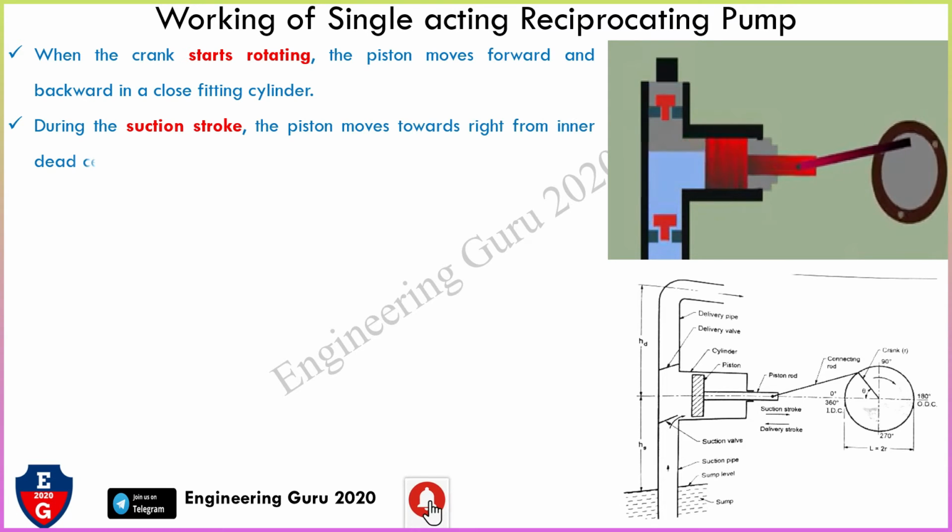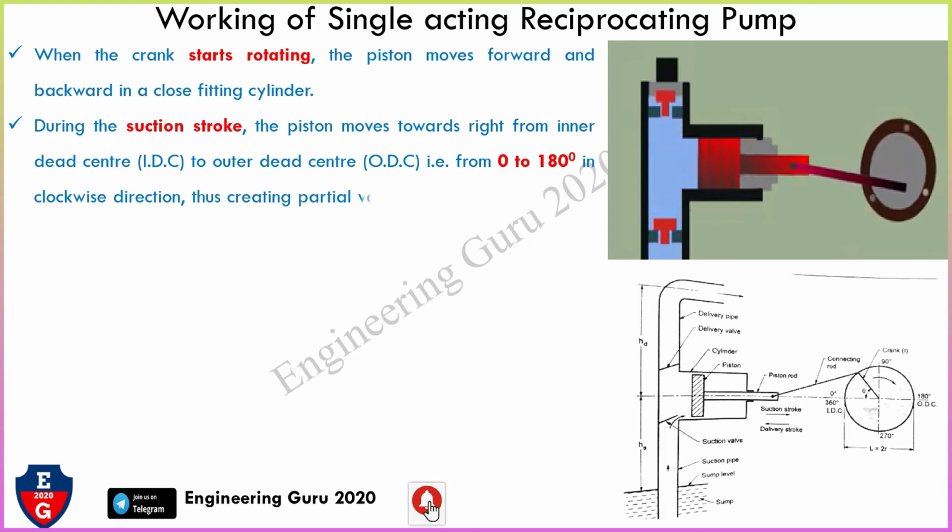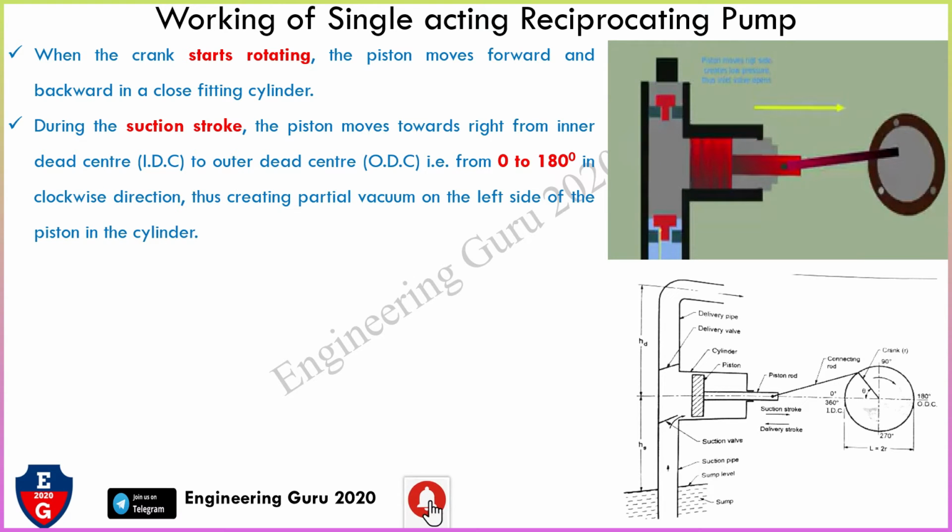During the suction stroke, the piston moves toward the right from IDC, inner dead center, to ODC, outer dead center, that is from 0 to 180 degree in clockwise direction. Thus, it creates a partial vacuum on the left side of the piston in the cylinder. Now understand how it works.